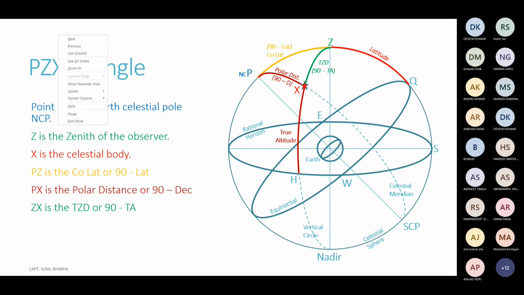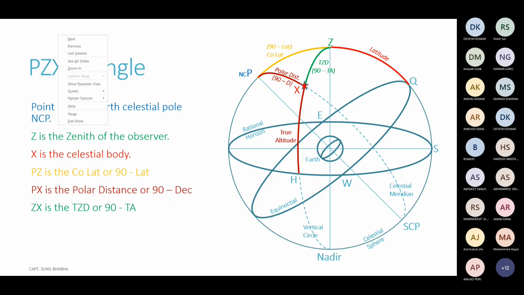Great. Because why I was asking this, because this diagram is not there in the book also. So if you want, you can take a screenshot and keep it with you. In the book, both systems are given separately, and they are not given together. So it becomes difficult to mix them up in the brain and visualize the PZX triangle.